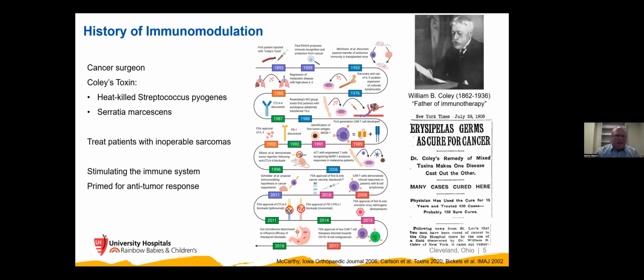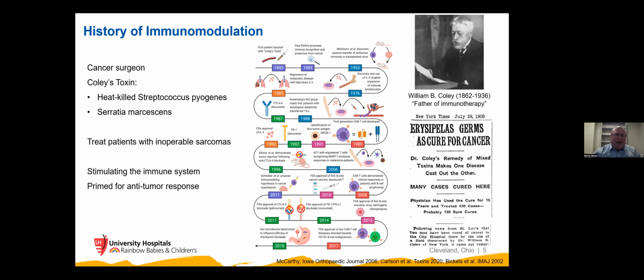And so when he figured this out, he decided maybe I should inoculate people with these inoperable cancers with this bacteria and see what happens. And he actually had some really interesting results and some really amazing outcomes.